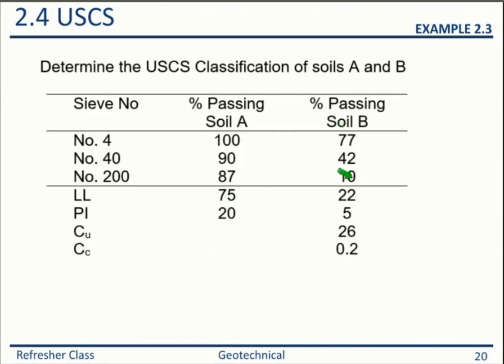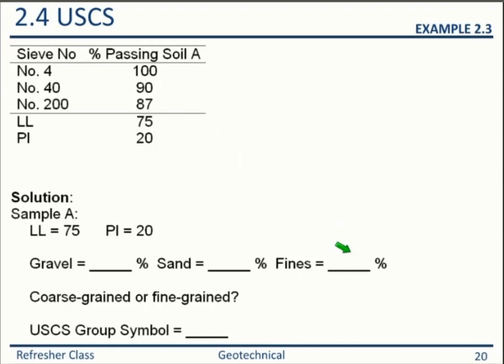Okay, so let's classify soil sample A. If you look here, percentage passing through number 200 sieve is 87%. Is this a fine grained soil or coarse grained soil? It is a fine grained soil, right?